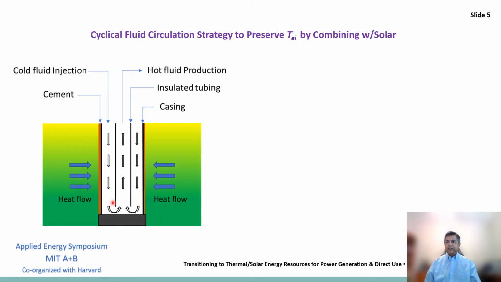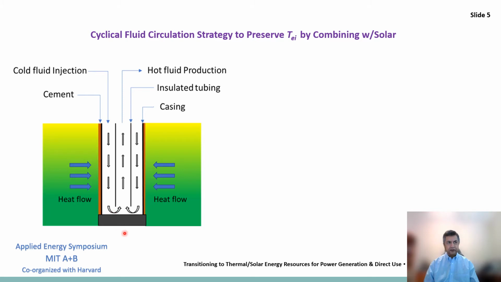In terms of what we do, we use a numerical model in the wellbore to estimate the fluid and heat flows for a given circulation rate in the wellbore, and an analytical model to estimate the heat flow in the reservoir.